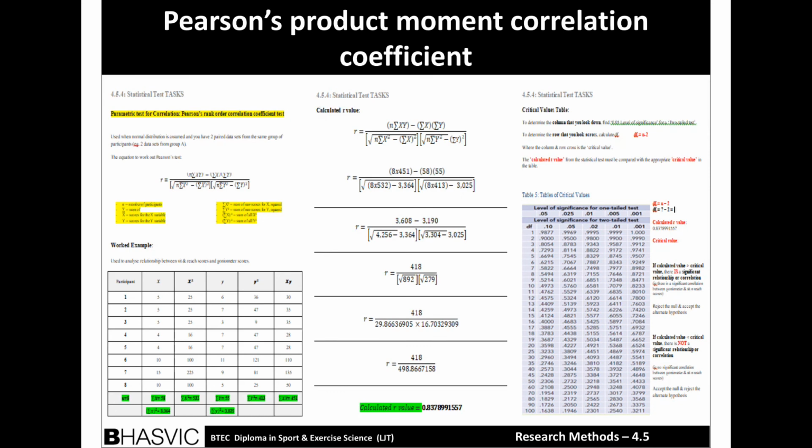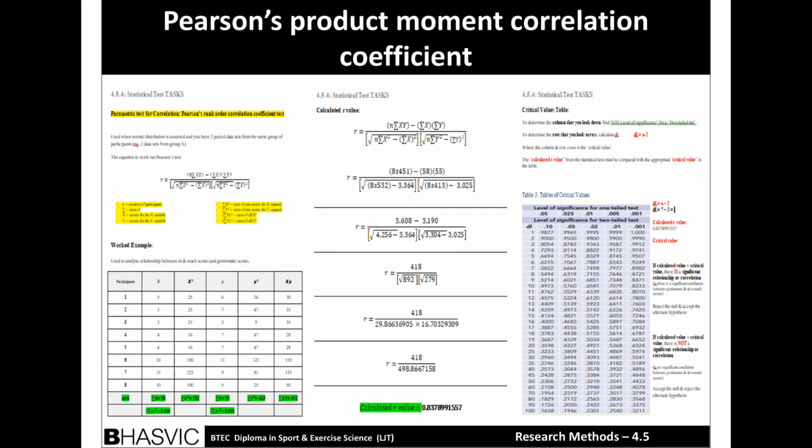Finally, Pearson's product moment correlation coefficient. For the Pearson's test, start by filling out the table. First, by squaring the results of the test completed by the participants. For example, if they achieve 5 centimeters on the sit and reach test, the x squared will be 25.